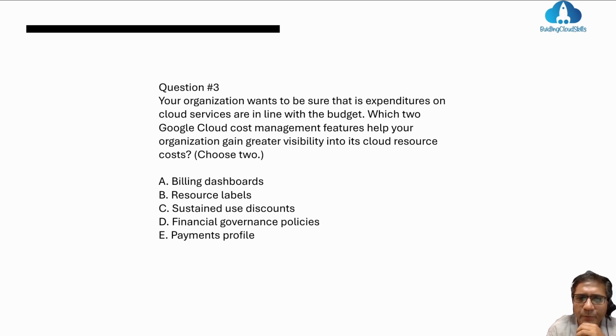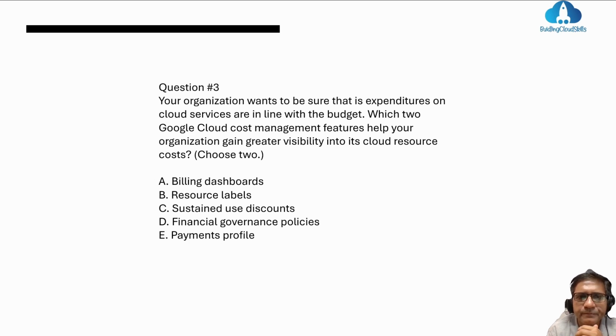Now, let's start from the bottom this time. E, payment profile, is a place where you put in your credit card or debit card information for making the payments, and that does not give you any visibility with respect to expenditures. Financial governance policy is basically your governance requirements, so you understand what kind of services are compliant and which ones to consume.